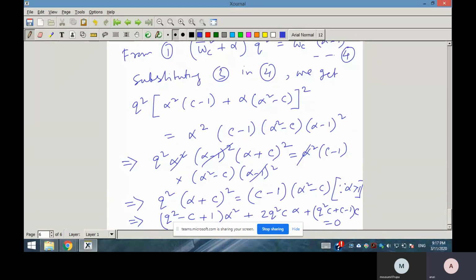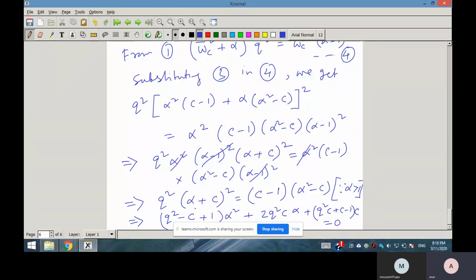Please check this equation. You can easily see here, if you square it up, then you will get q square, and then the alpha square coefficient, another minus c will come from here, and my plus 1 will come from here.